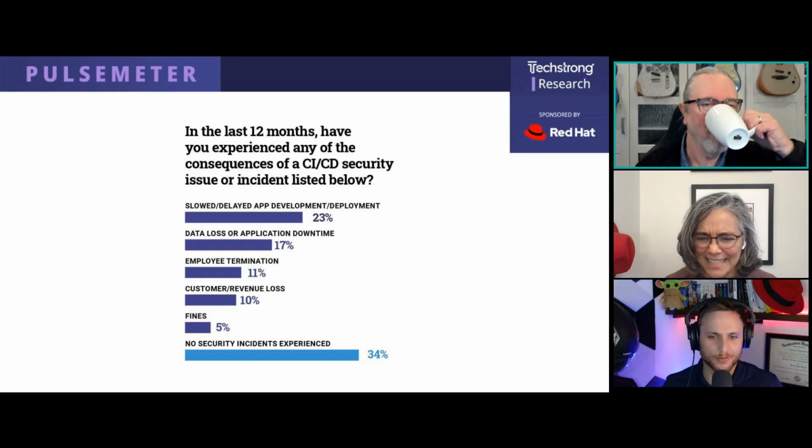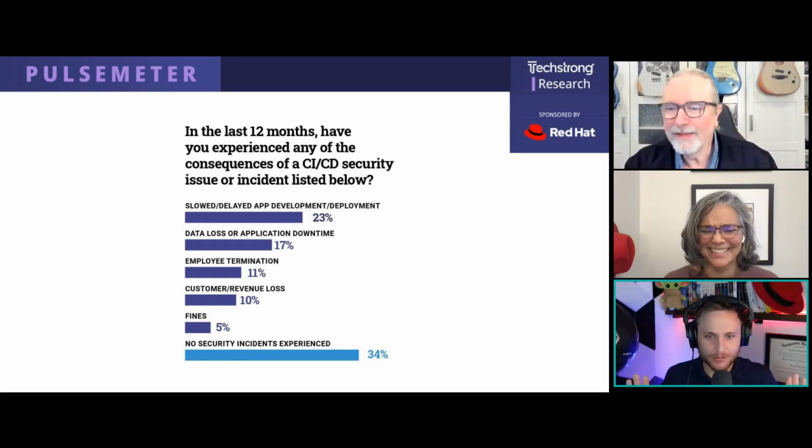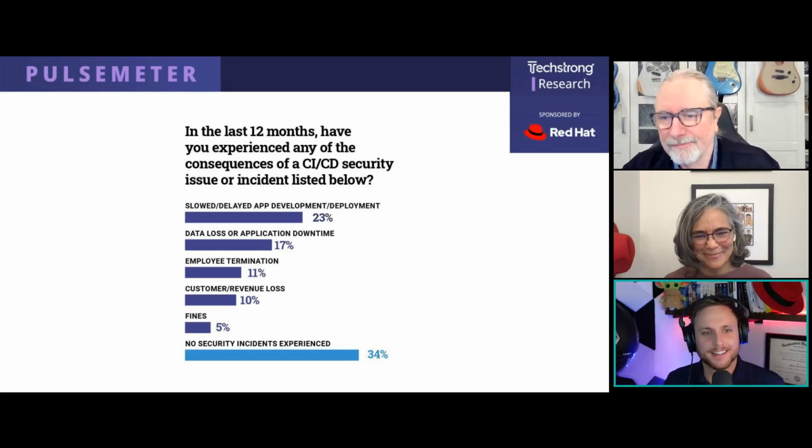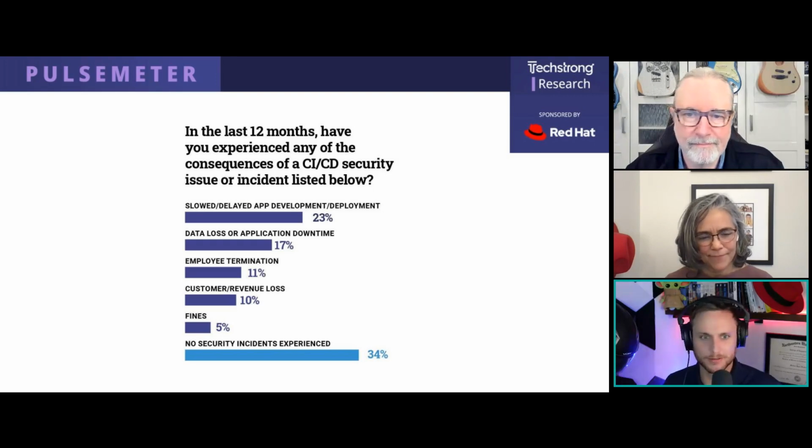Well, congrats on the 34%, the thankless job of security. Everything's working as expected. Hopefully that's what's going on. I think the slowed, delayed app development and the downtime aspect are the hidden cost of security, of buying a security product. One of the challenges about selling security, for example, is that it all costs money to the business, but there's no way to measure that for a specific customer or for an organization, right?